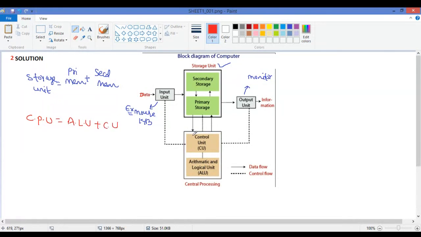I have mentioned here CU means control unit, and this is the arithmetic and logic unit.